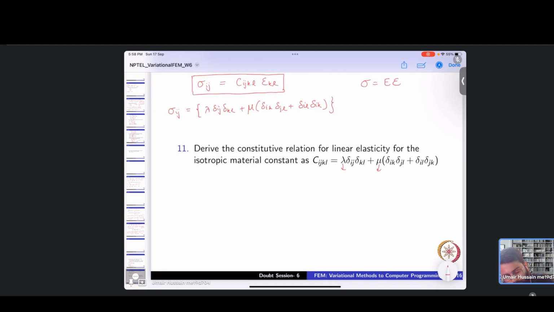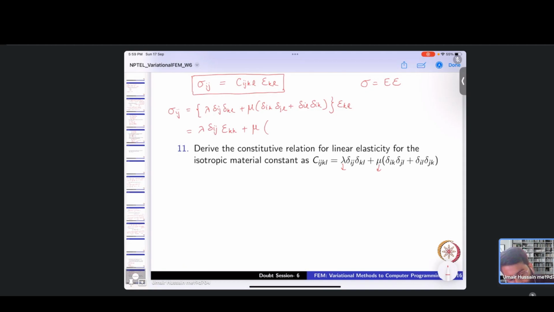And this whole thing is multiplied by epsilon kl. So we now multiply epsilon kl by each term. We have lambda times delta ij, delta kl times epsilon kl, which would be epsilon kk. Then we have mu times, so now epsilon kl is multiplied by each of the two terms here.